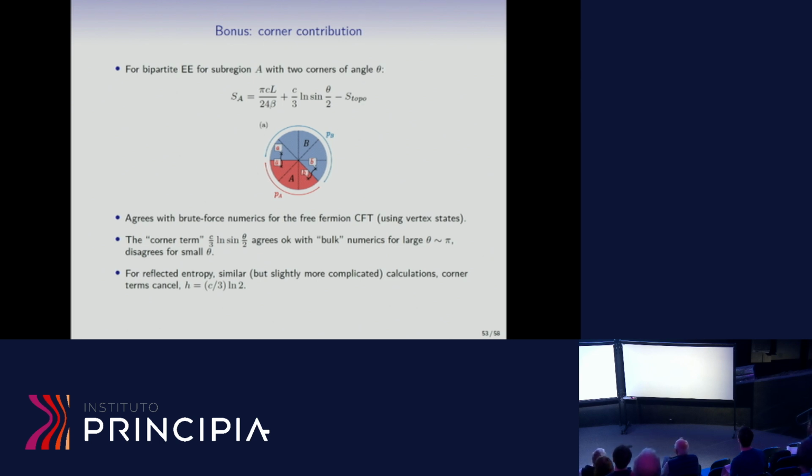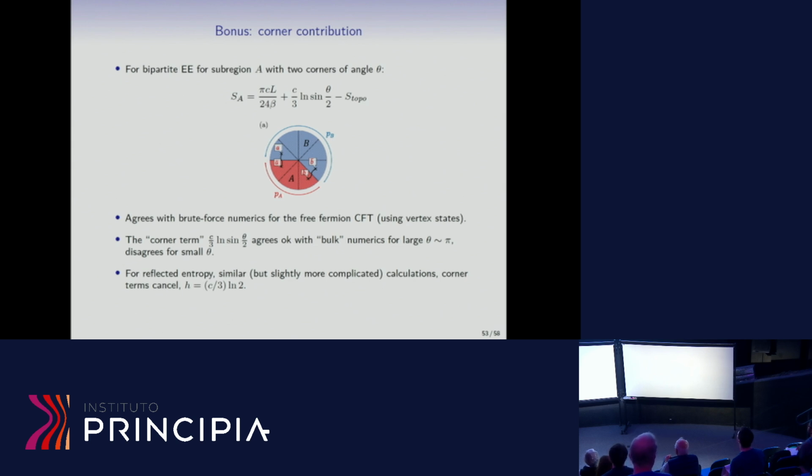This is now a bipartition setup with a very sharp corner. You can think of it as, instead of having A, B, and C, you declare C to be the same as B, a special case of our calculation. As a bonus of the technique we're developing, we can compute the contribution to the bipartite entanglement that depends on the angle. This is the area law term, and then there's also the topological entanglement entropy part.